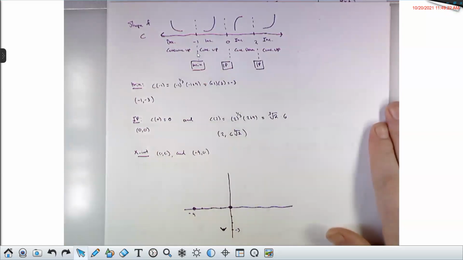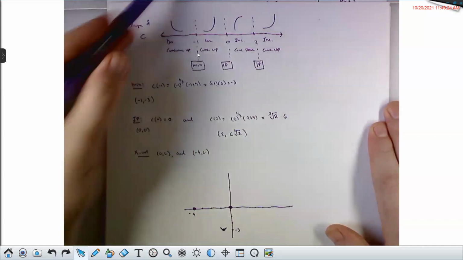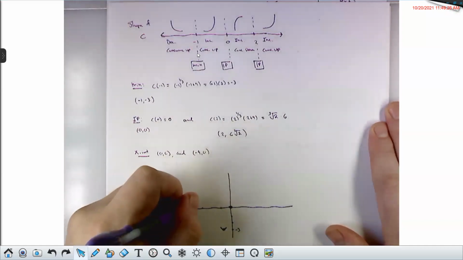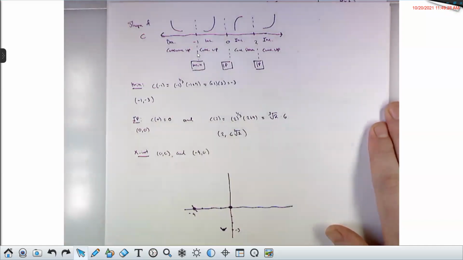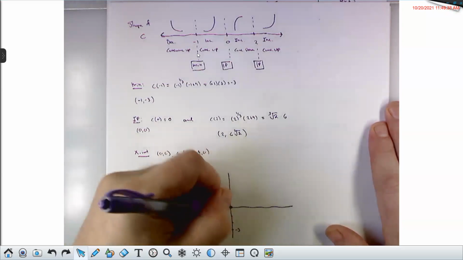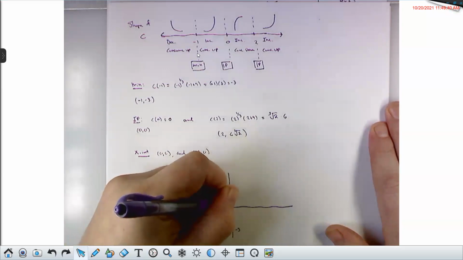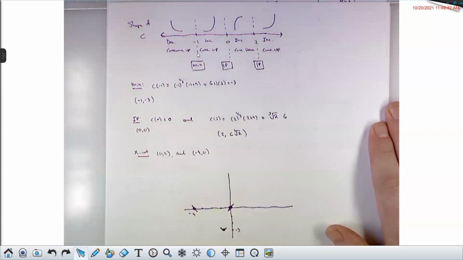At -4, my function goes from being positive to negative. So I'm going to cross the x-axis something like this. And what else is going on? I've got those 2 inflection points. So at 0, we go from being concave up to concave down. We're also crossing the x-axis, something like that.